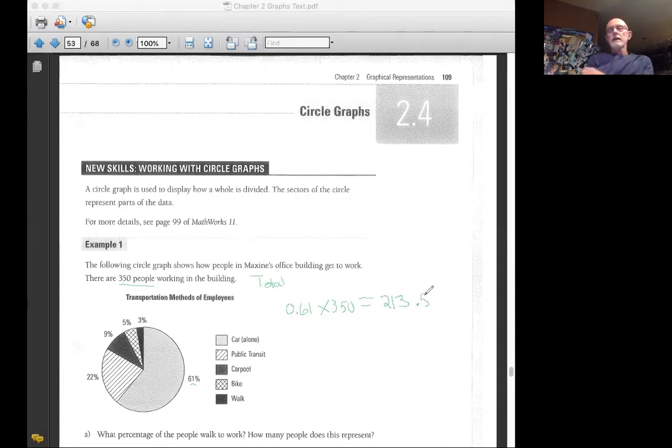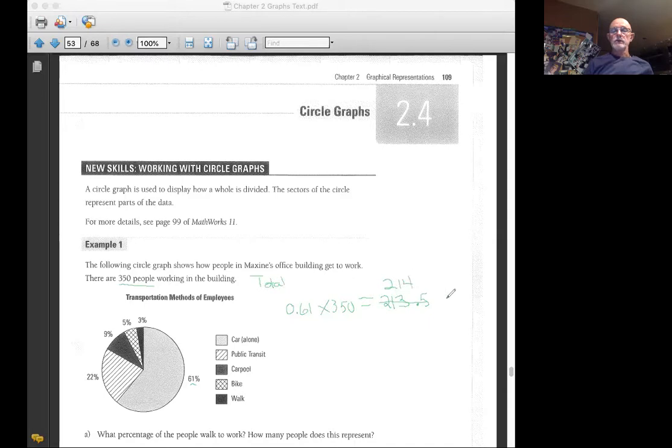Now, this is kind of ironic because can you actually have 0.5 of a person? I don't think so. So the normal thing to do is round to the nearest whole number. So this would best be reported as 214.